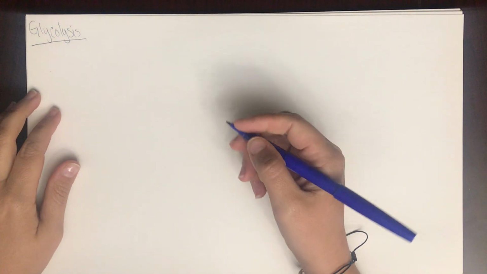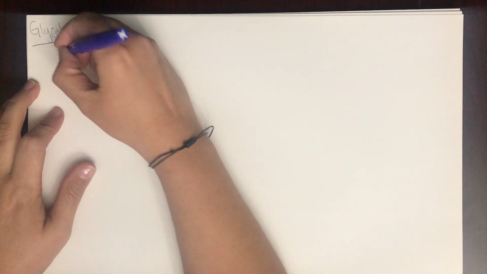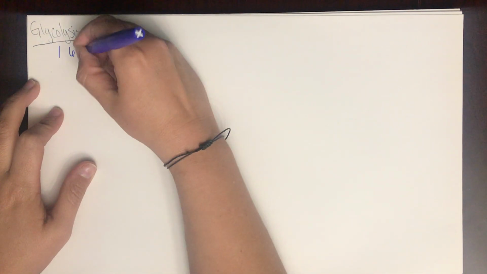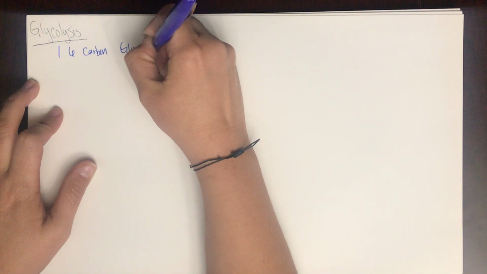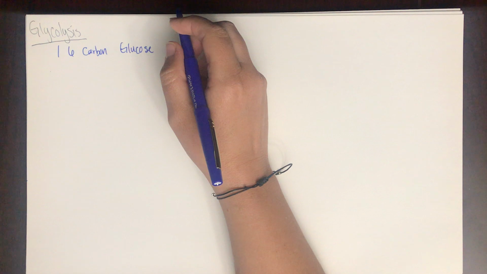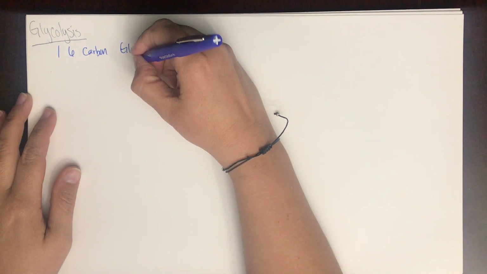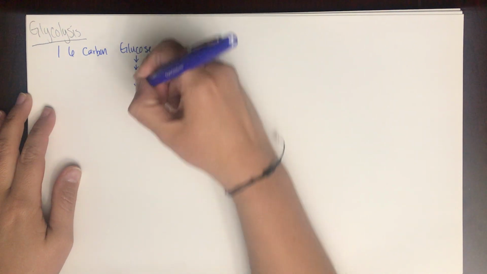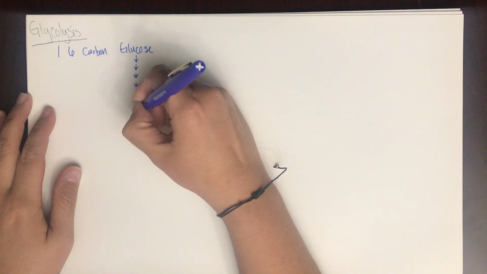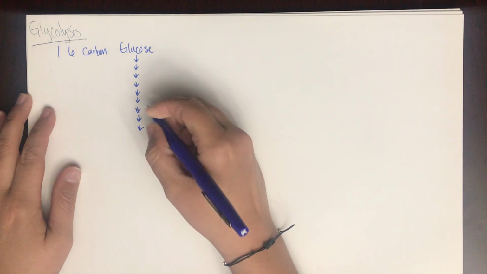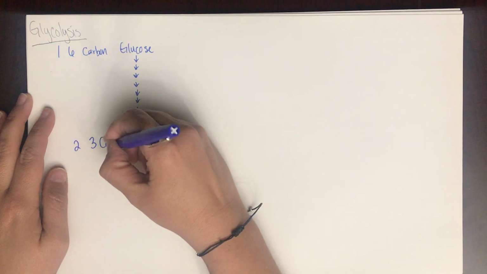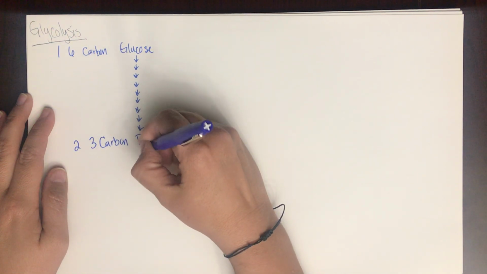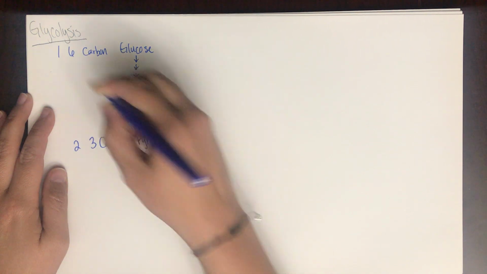So the overview of glycolysis is that we start with one 6-carbon glucose molecule, and throughout 10 steps, 1, 2, 3, 4, 5, we turn it into 2 3-carbon pyruvate molecules.